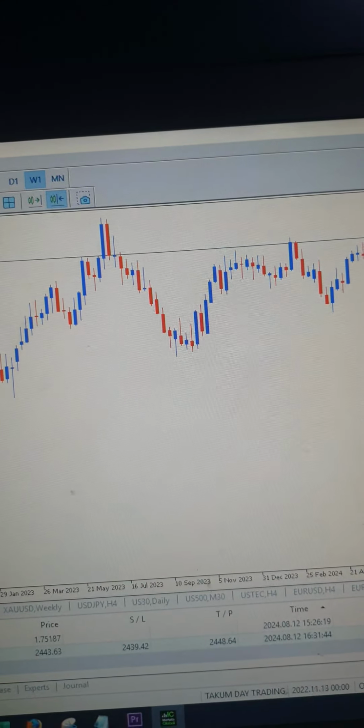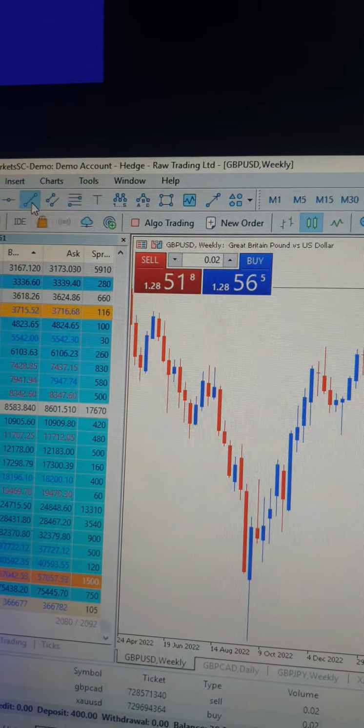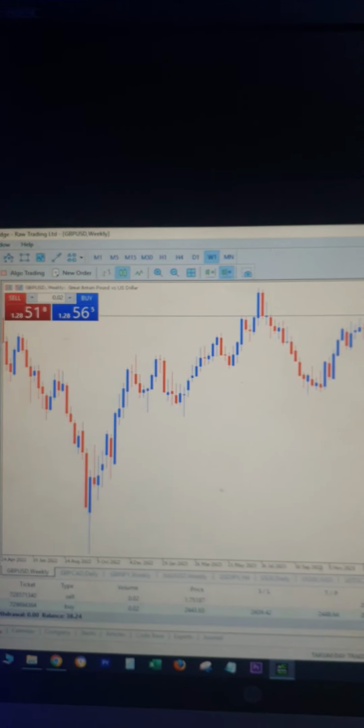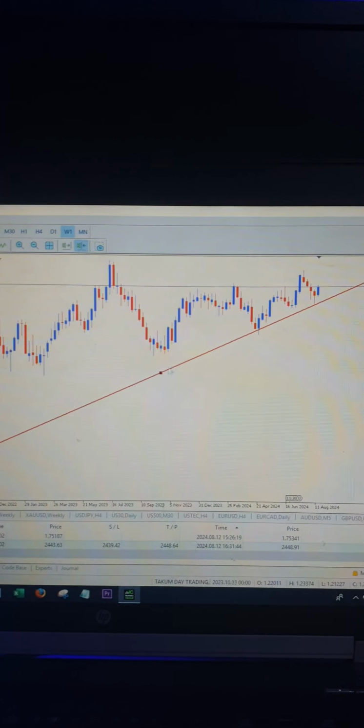If I go to my trend line to understand the structure of the market, to see if the market is trending or moving sideways, I can use my trend lines. If I draw my trend line, you see that the market is actually moving upward.